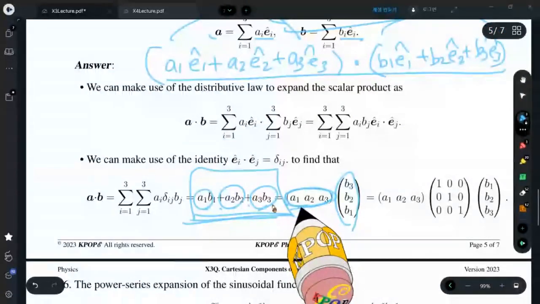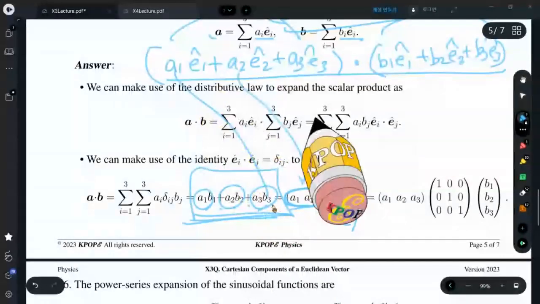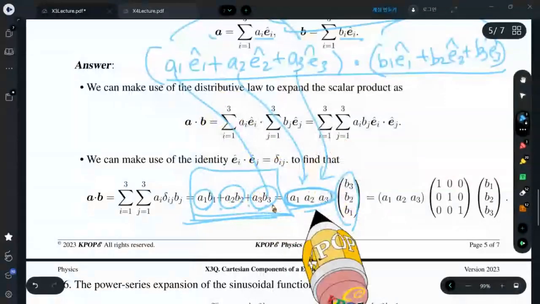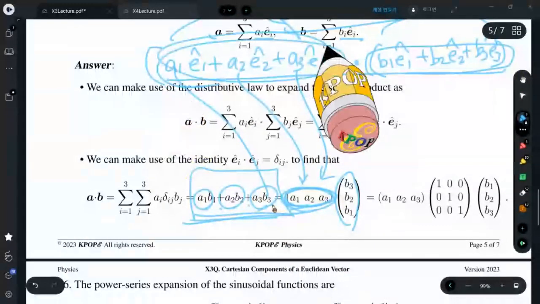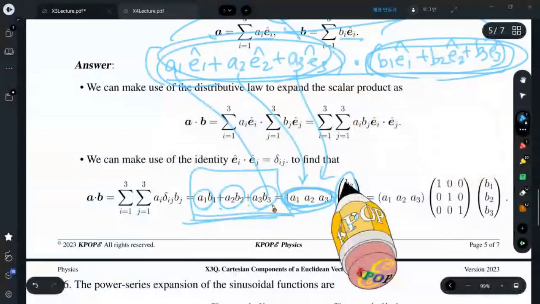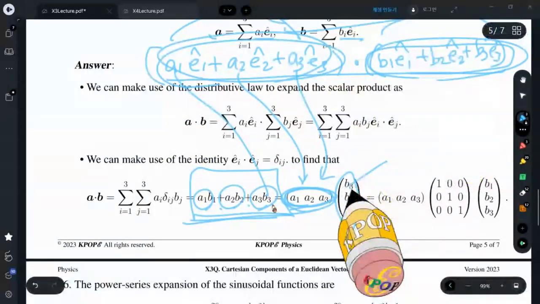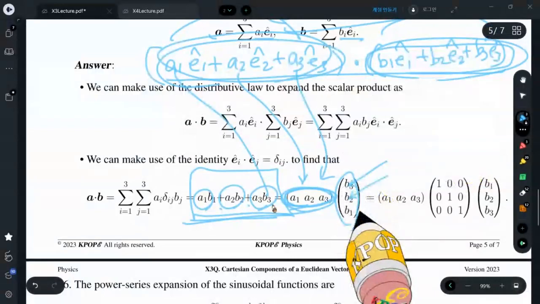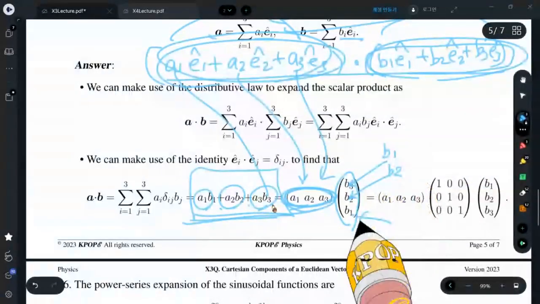This is just a copy of the Cartesian components in a row, and we have a scalar product between A and B, with B standing up as a column, B1, B2, and B3.